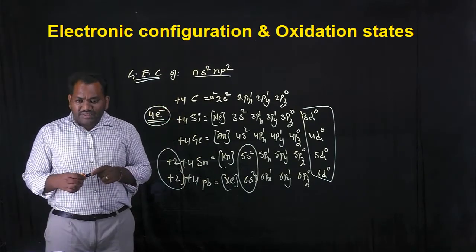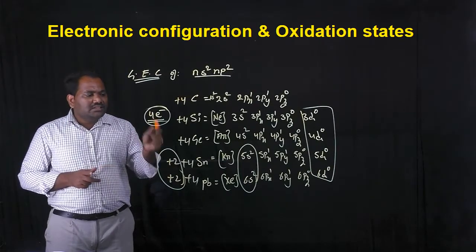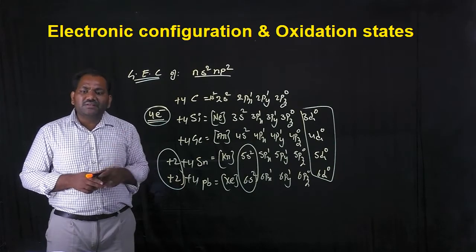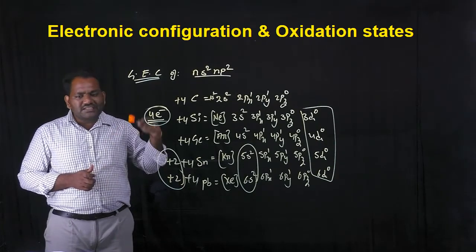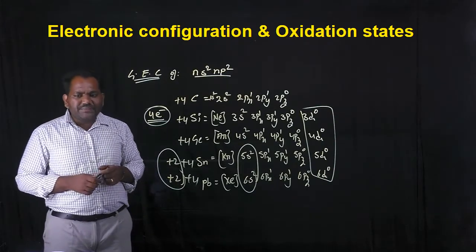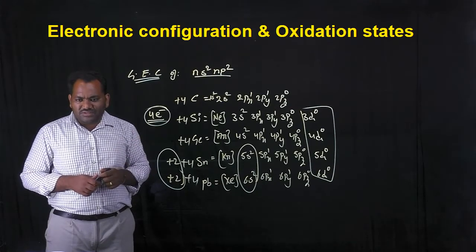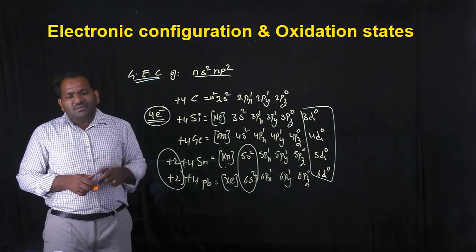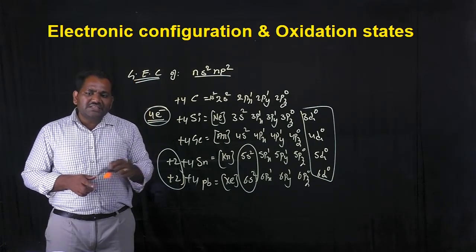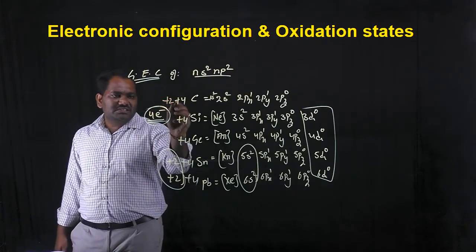Due to this inert pair effect, they only form 2 bonds with other elements. The 6s2 and 5s2 electrons do not participate in chemical reactions, except under certain conditions. That's why they exhibit the stable +2 oxidation state instead of +4. So we can conclude that +4 oxidation state stability decreases from top to bottom, and the remaining elements also exhibit the +2 oxidation state.